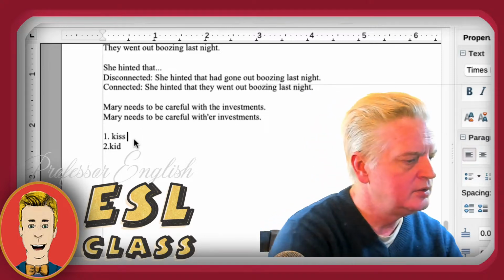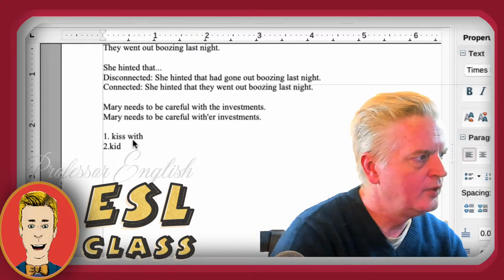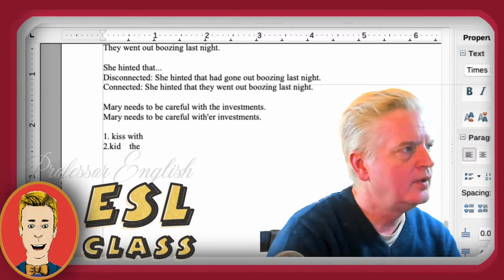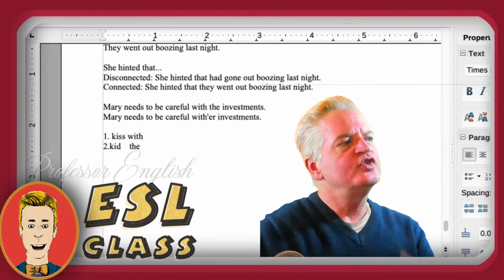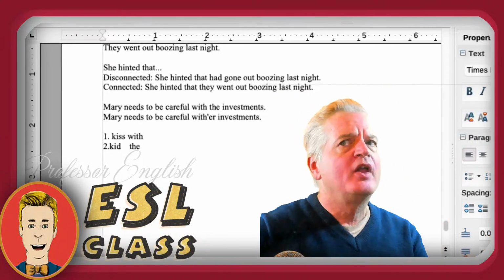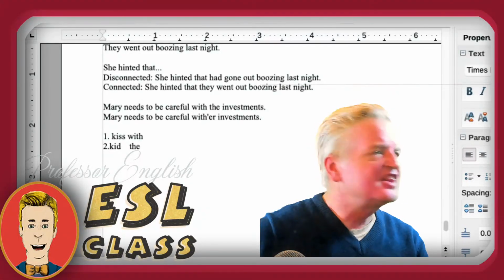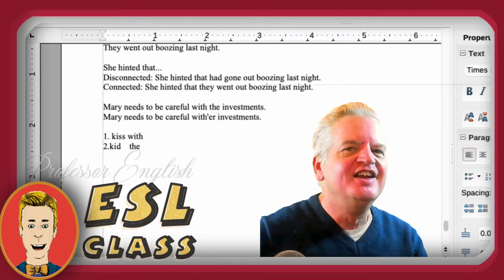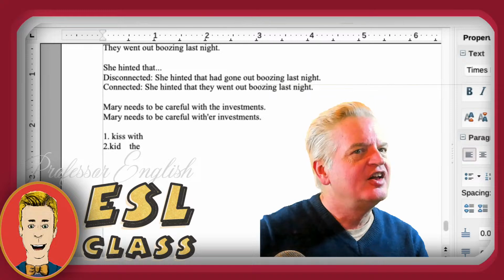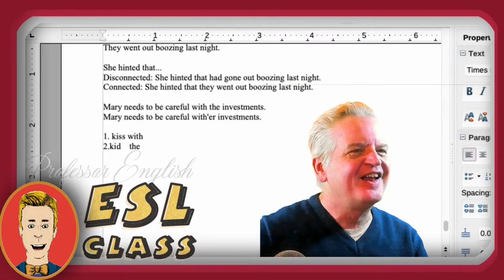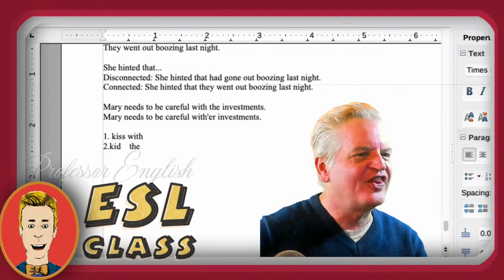Okay, now, if you say kiss, but you put your tongue under your teeth, like this, can you see? It becomes "kith, kith, kith."